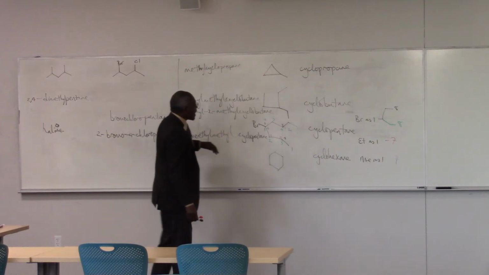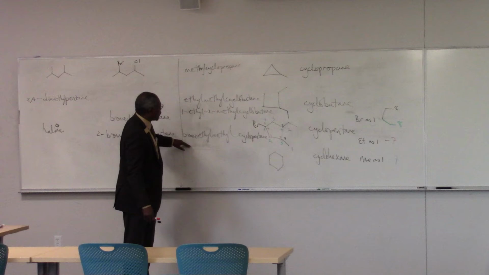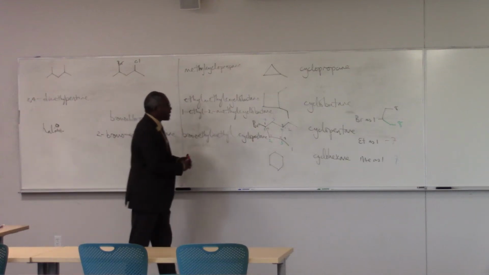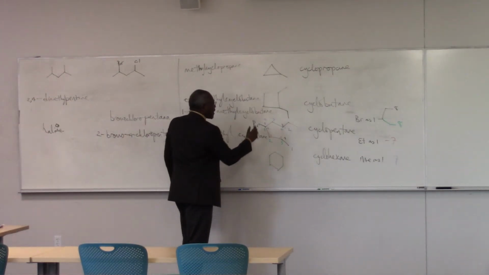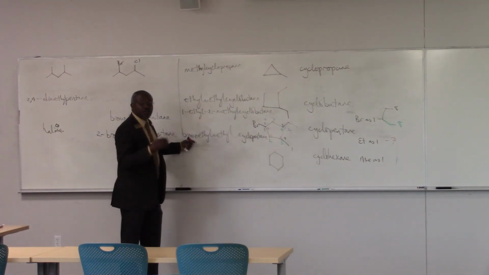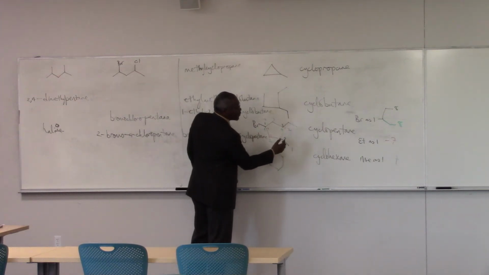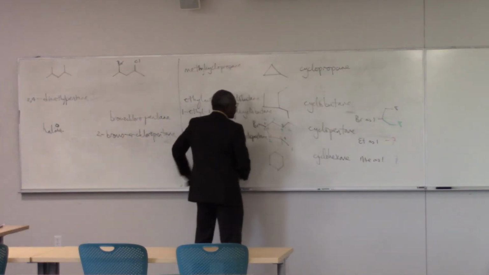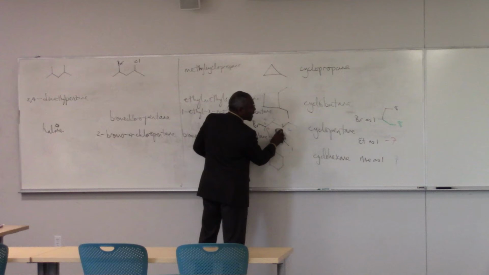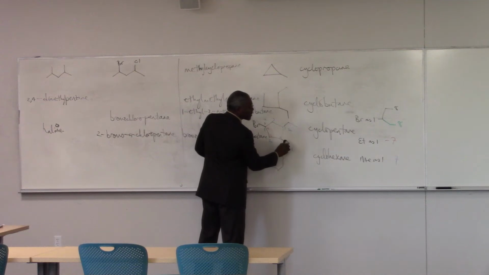So since it's a bromo ethyl methyl, here's what we're going to do. I want the number in front of the bromo to be the smallest possible. So what do we do now? Ethyl is 1. So I'm looking at red. So I'm going to take off the green and the black. Green and the black come off.